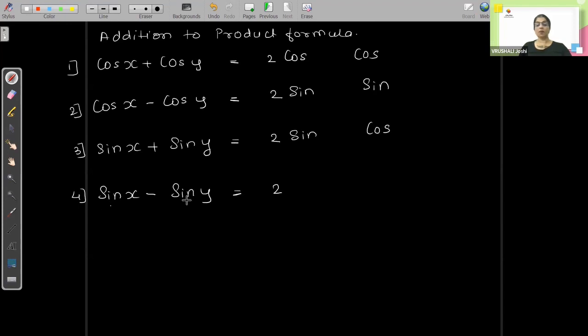And if it is sin minus sin, then first cos and then sin, correct. Otherwise you can just remember cos sin sin cos, cos sin cos sin. Find a pattern yourself, it is not necessary that you follow the pattern that I am telling, okay. So this is going to be, and this is x plus y by 2, this is x minus y by 2. This is x plus y by 2. All of this is x plus y.